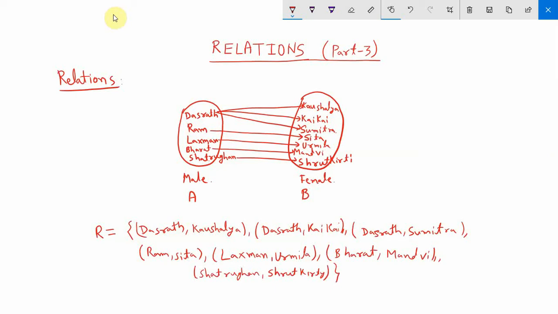So this is a relation shown in the form of ordered pairs.